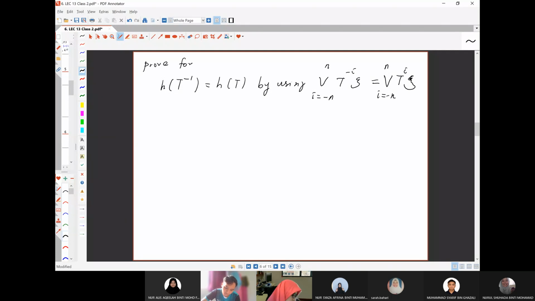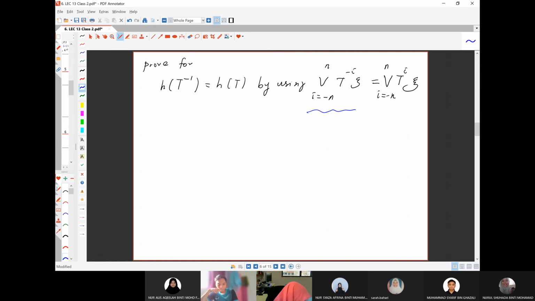So we want to prove the entropy of T minus 1 is equal to the entropy of T. We use this join. Since T is a measure preserving transformation, the measure of T of minus i is equal to the measure of T of i.